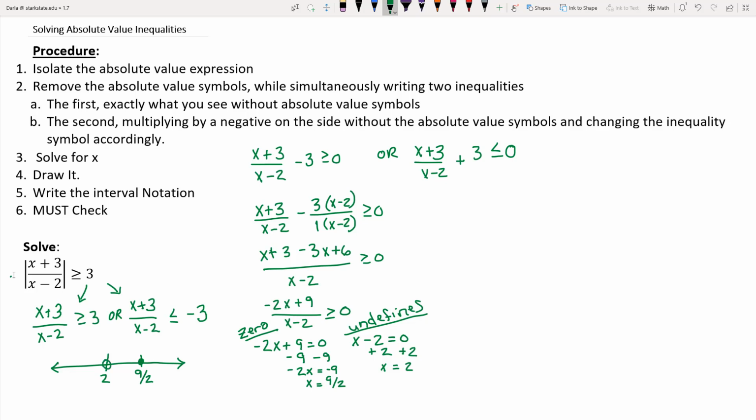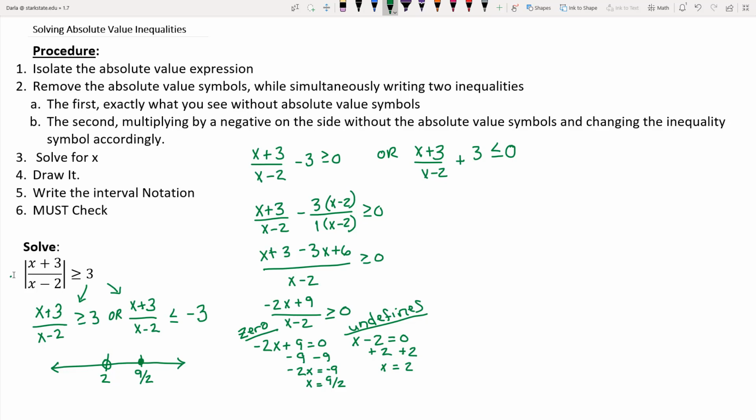But then what we would need to do is test which pieces, where we would be greater than 0. So we'd have to do a test point in each of these 3 intervals. So I'm just going to do it out loud, but let's say we pick the value 1, which is in this leftmost interval.